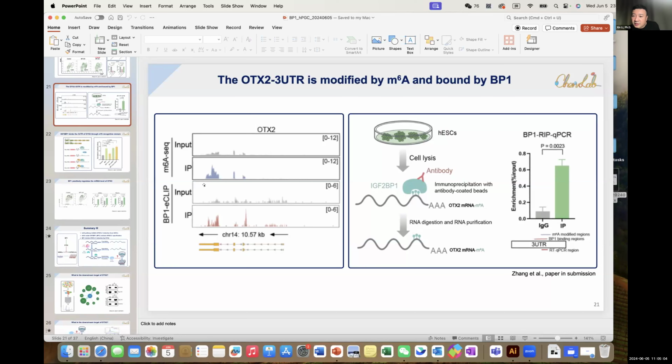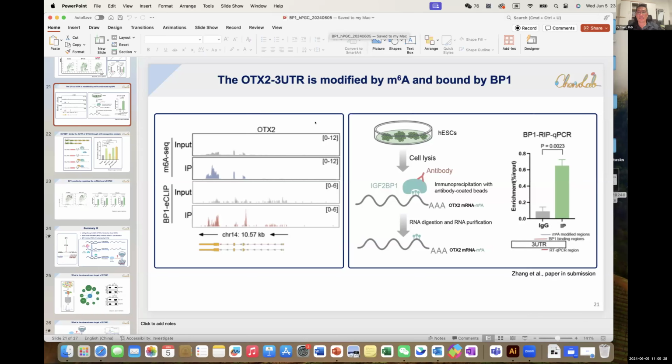So there's a question from Madeline Mayday. Her question is, maybe I missed this, do you see an increase of OTX2 in METTL3 knockout cells, or does this solely depend on the readers?